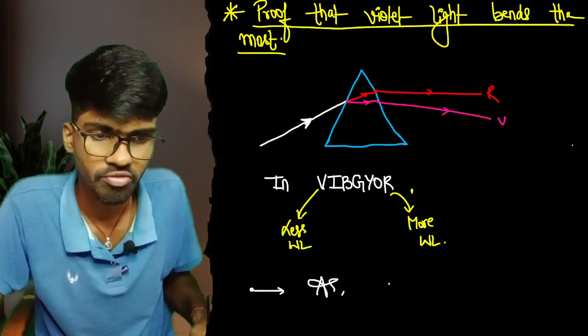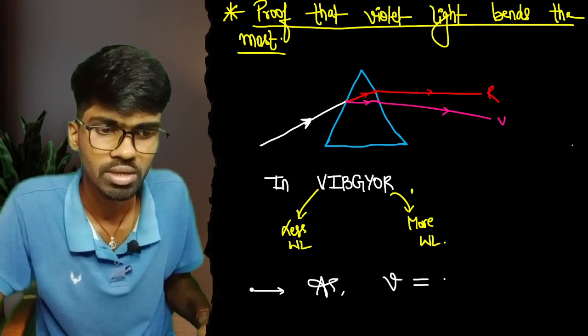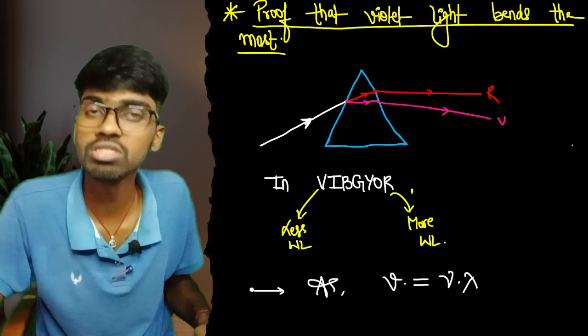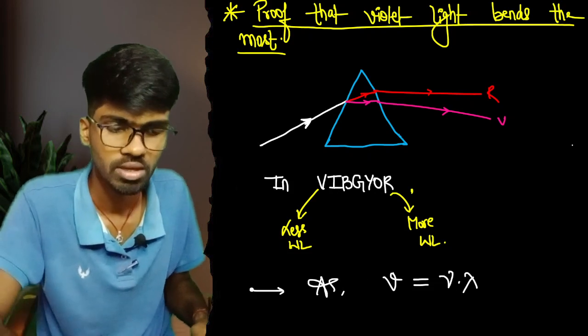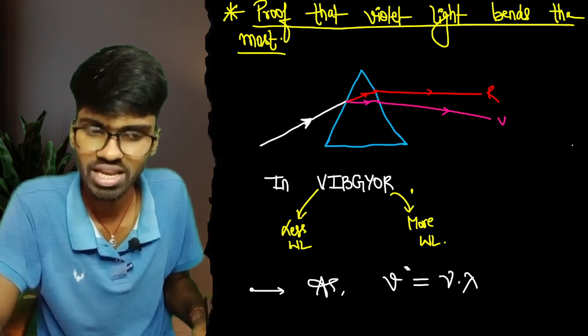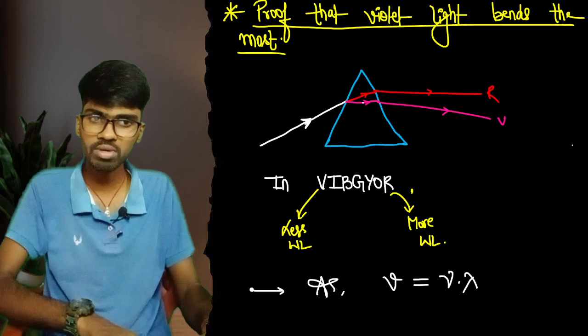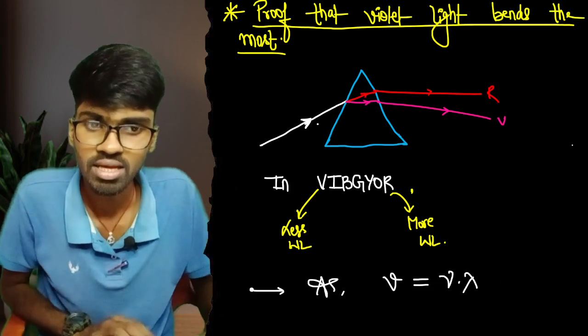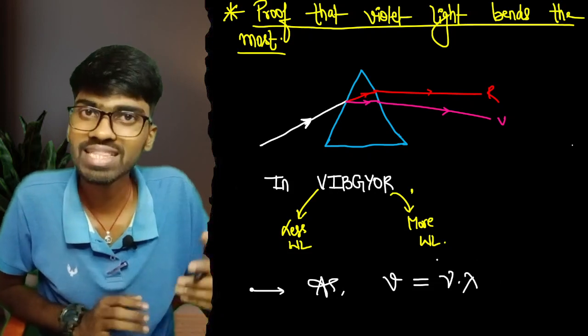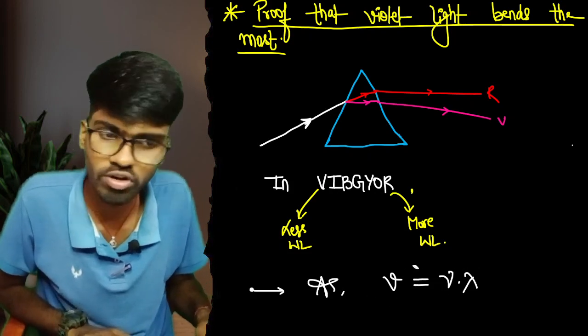So further we can write velocity of ray is equal to nu times lambda, where nu is the frequency and lambda is the wavelength. So for a particular value of lambda, the velocity will have a certain value. Different lights present in the white light will have different values of lambda and hence different values of velocity.